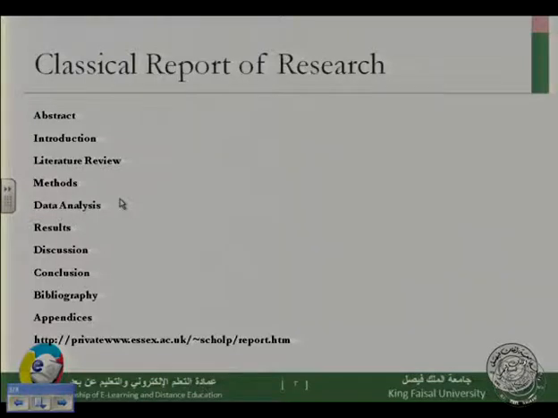But this is not the objective of this course. The objective of this course is to teach you how to design and report a research. So again, it depends on your research. Is it a term paper? Is it an article, a dissertation, a thesis? So we have maybe 4 categories. A term paper, very short.